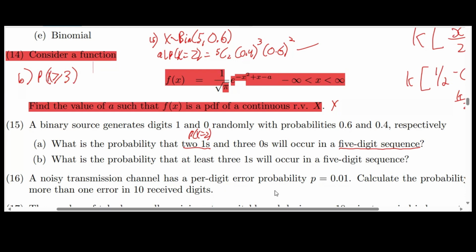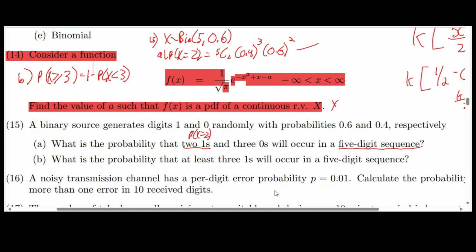At least 3 means 3 or more. In this case, we could take advantage of what we did for the last piece. It'll be 1 minus the probability X is less than 3. It can't be equal to here, because the equal to would include 3. So we had to start 1 less. So it will be 2, 1, and 0.